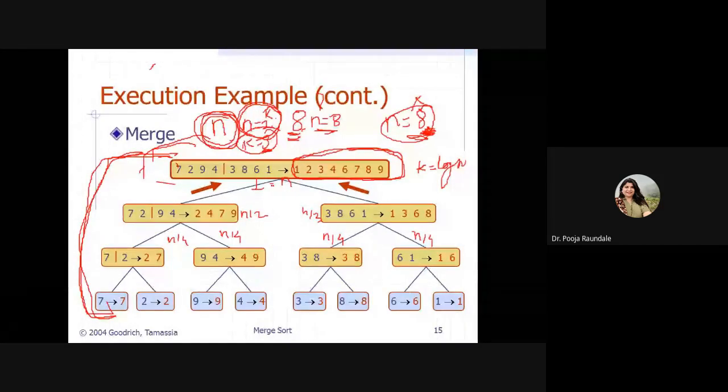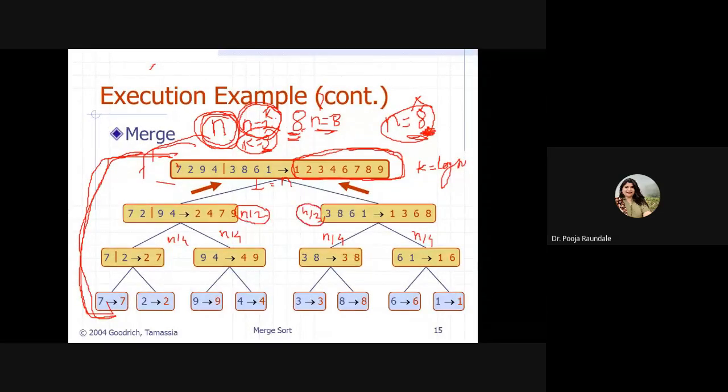Then after making 2 pieces, for n by 2 elements and for this n by 2 elements call होगा. So 2 times merge sort will be called. And totality में n by 4 elements के लिए how many times you will call it? 4 times. Then 8 times you will call this merge sort for all n by 8.